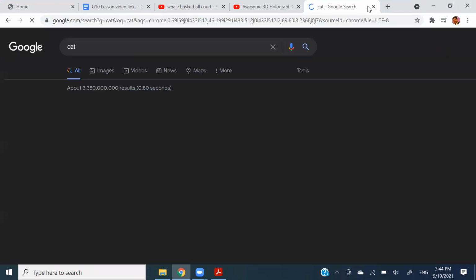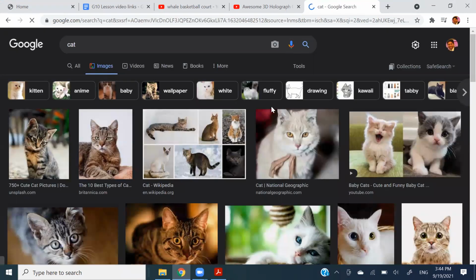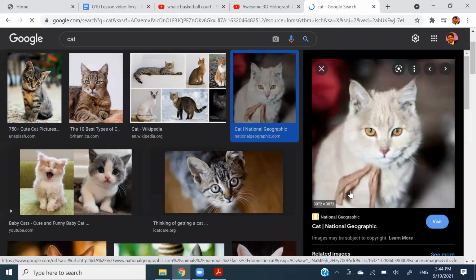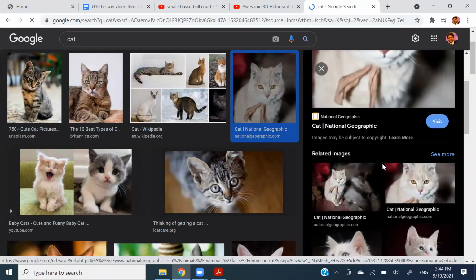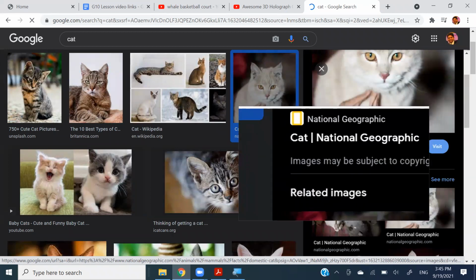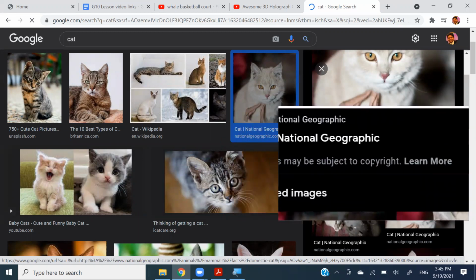So if I search for cats and go for images, if I open something, in most of the places they will give some notice. Look at this. Here it says images may be subject to copyright, right?